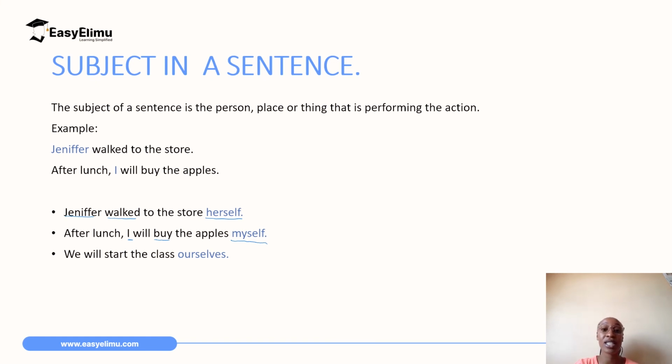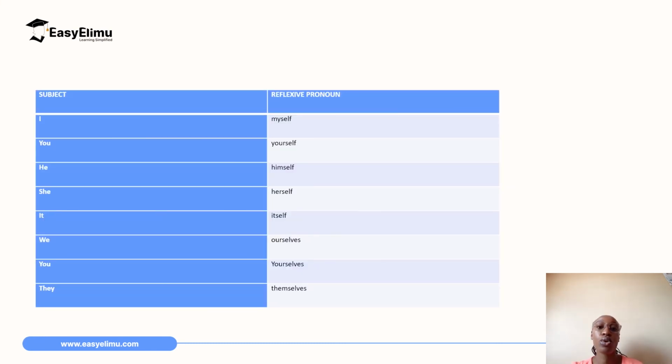And lastly, we will start the class ourselves. So we start by identifying the action, which is start, and it will be done by we. And so the reflexive pronoun is ourselves. So to wrap up on reflexive pronouns, there is a table there that shows the subject and the appropriate reflexive pronoun.